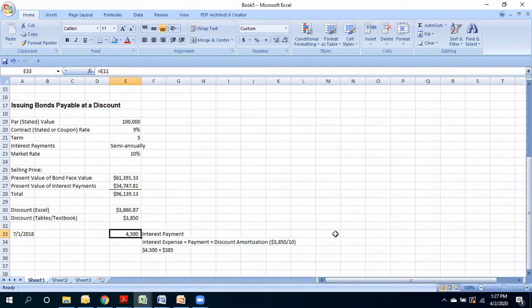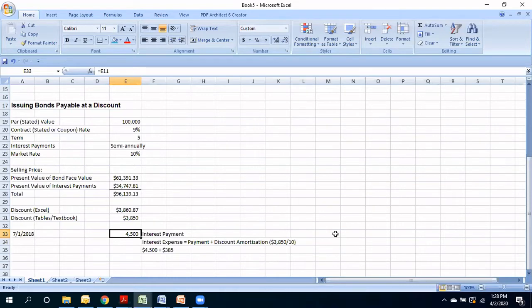And at the end of 5 years, when the bonds are paid in full on January 1st of 2023, they're going to get back $100,000. That difference, that discount, represents additional interest revenue to the bondholders, and it represents additional interest expense to Southwest.